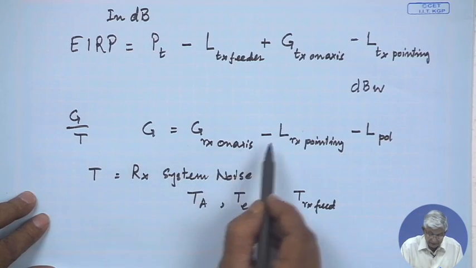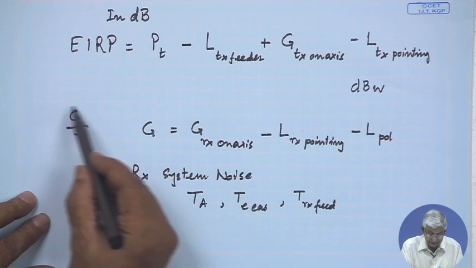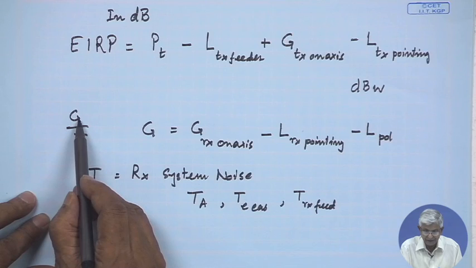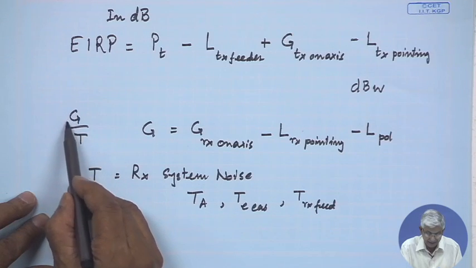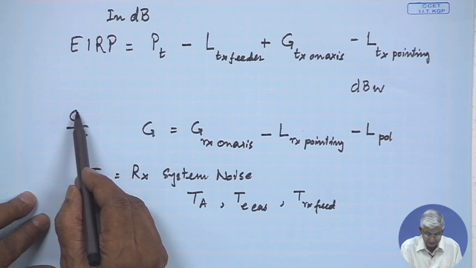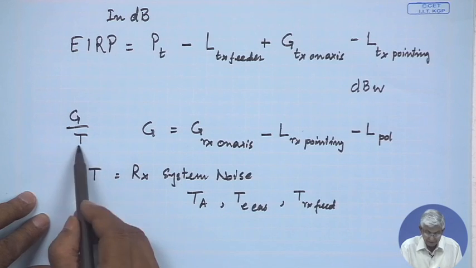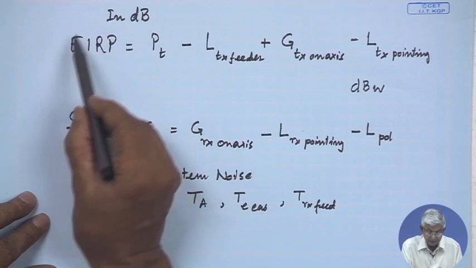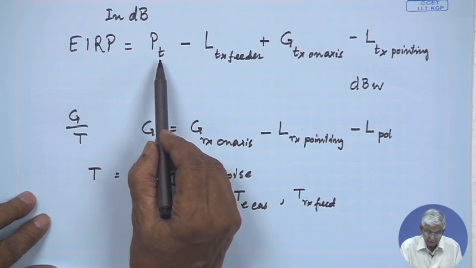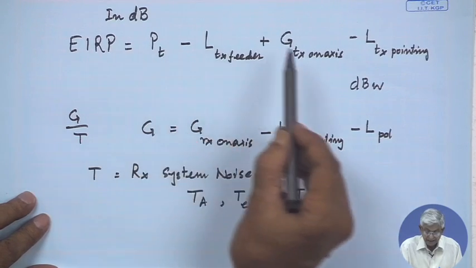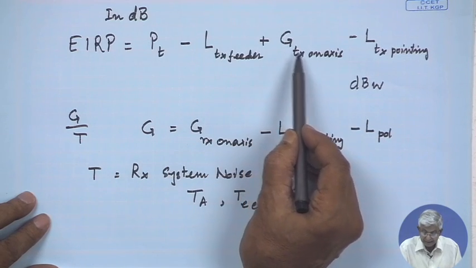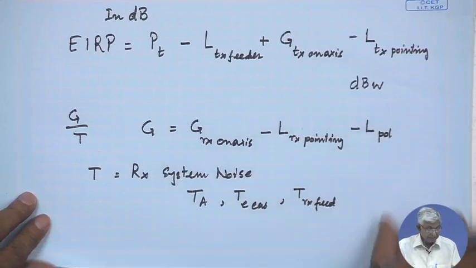So, the characteristics of the receiver are found from G by T, and remember always this G is not the receiver gain or LNA gain, it is the gain of the receiver antenna, and T of course is the system noise temperature. EIRP characterizes the transmit side, which includes the transmit power amplifier and related losses, the transmitter antenna gain and the related losses.